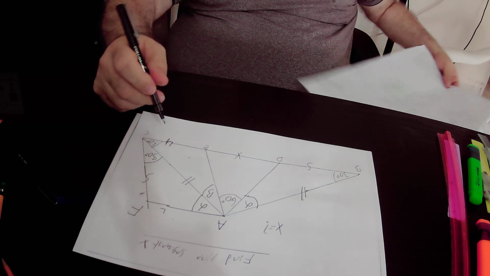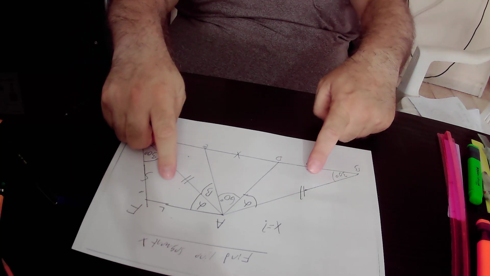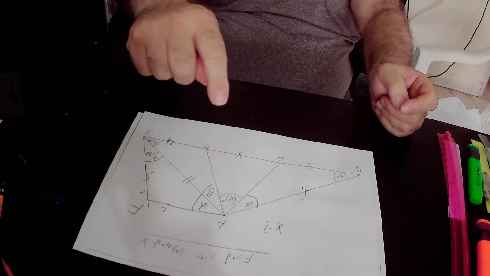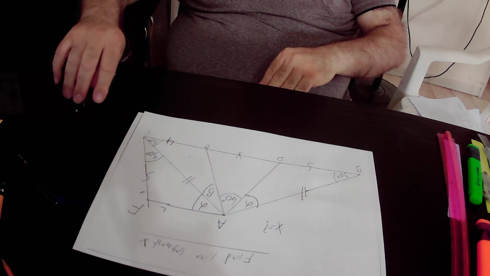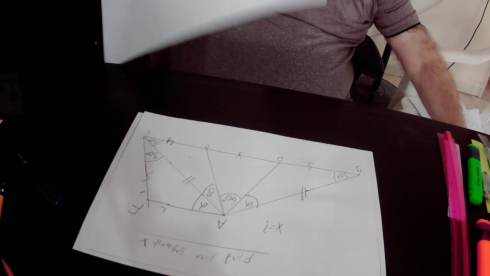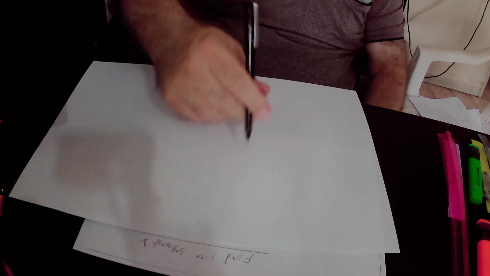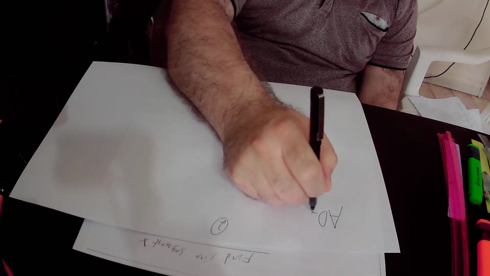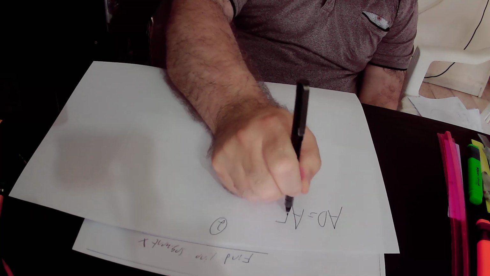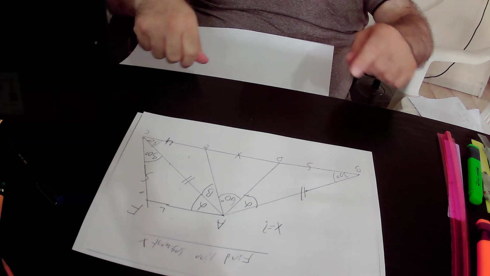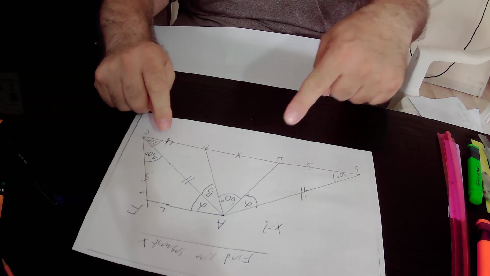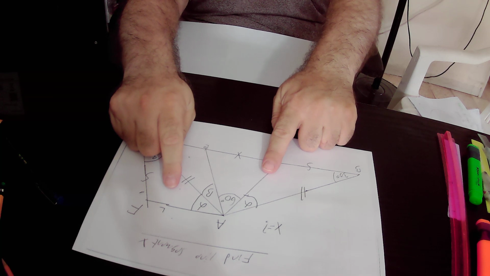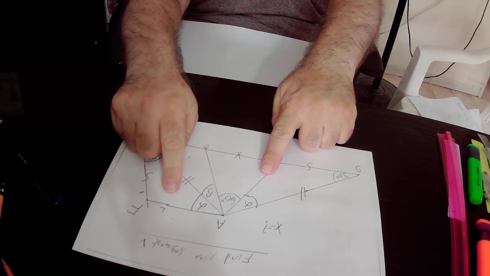In addition, from the fact that those two triangles can go into each other, we conclude that side AD equals side AF, according to the same rule that corresponding sides in congruent triangles are equal to each other.